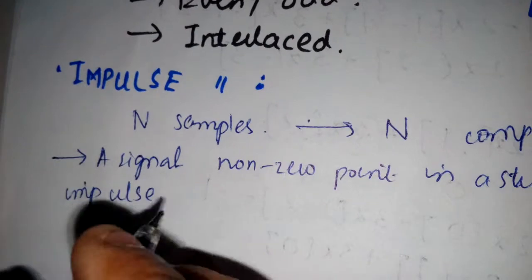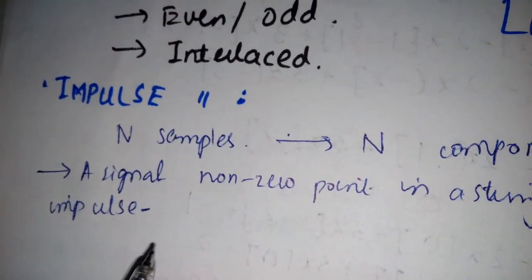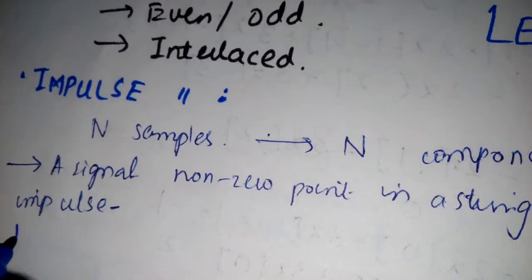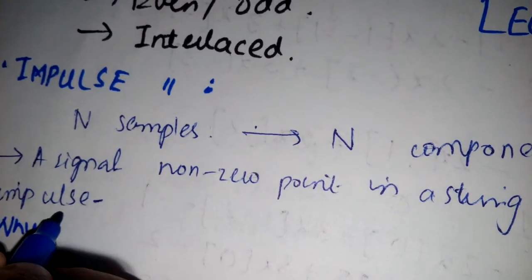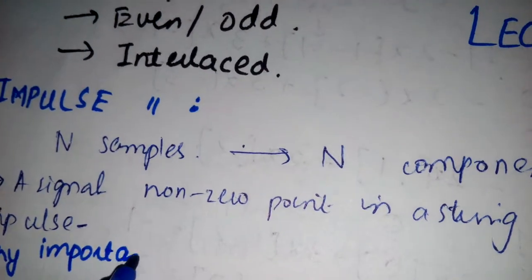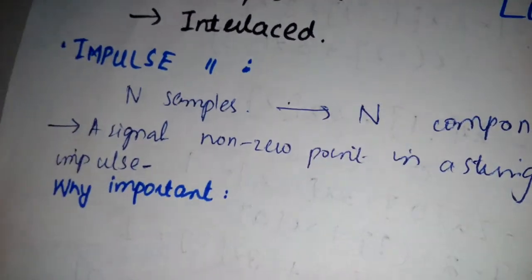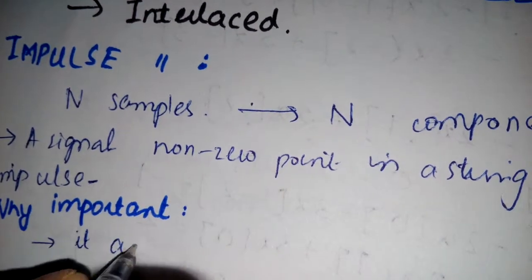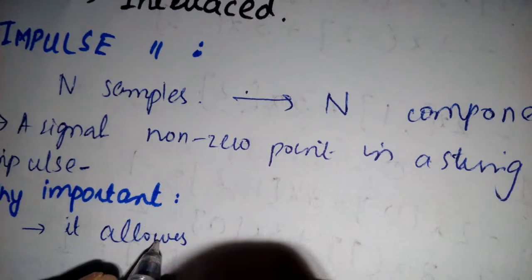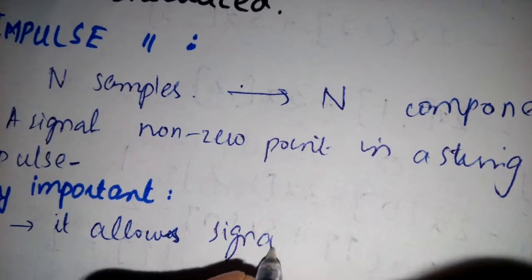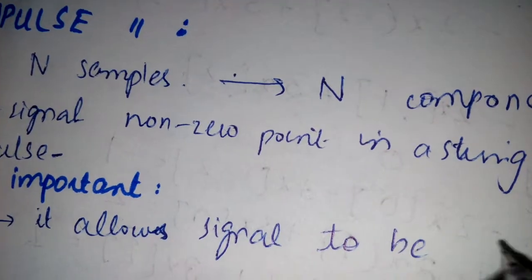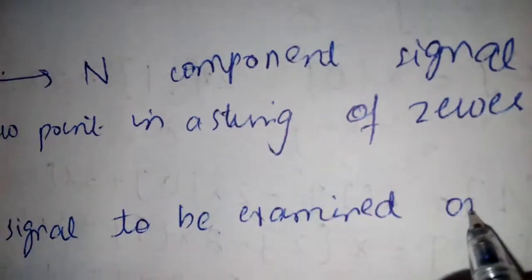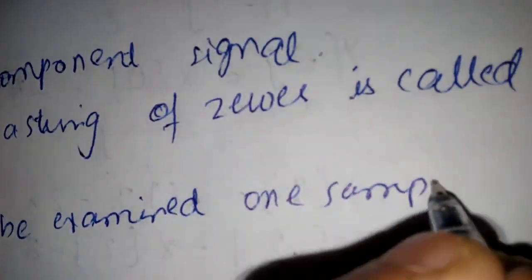Impulse decomposition is important. Why is it important? It is important because it allows a signal to be examined one sample at a time.